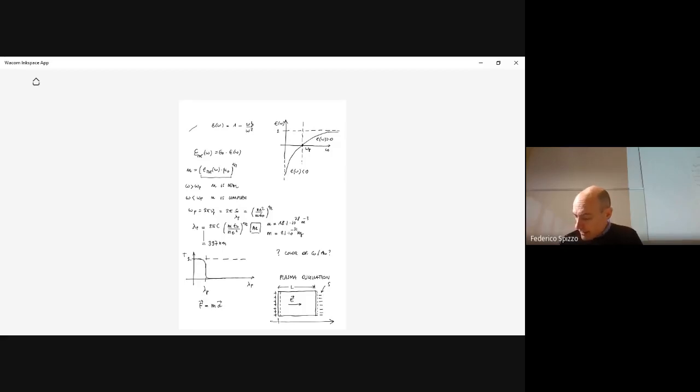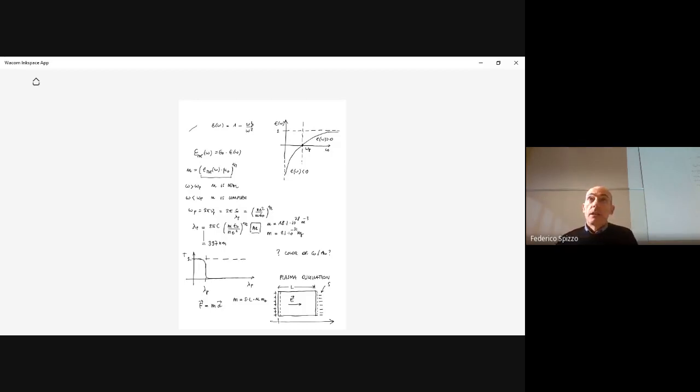In this case, what is the mass of this cloud of electrons? The mass is the mass of all the electrons that you have in the box. So the mass is equal to the volume of the box times the electronic density times the mass of one electron. Just to distinguish the mass of the system from the mass of the electron, I write a label e for the mass of the electron.